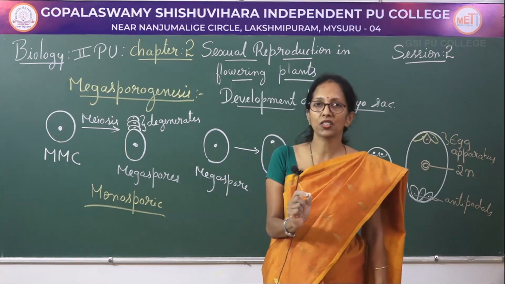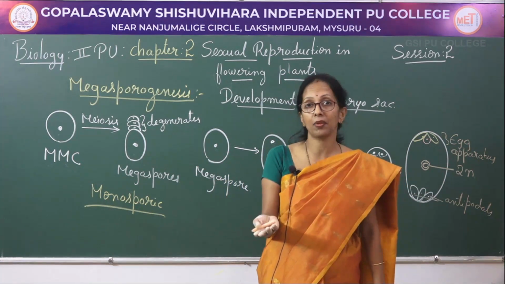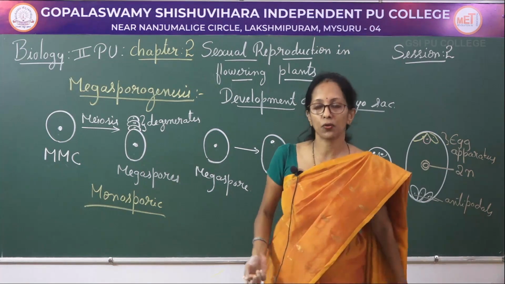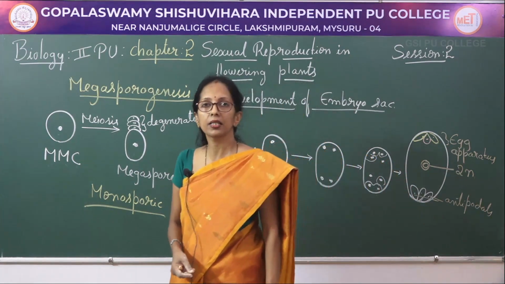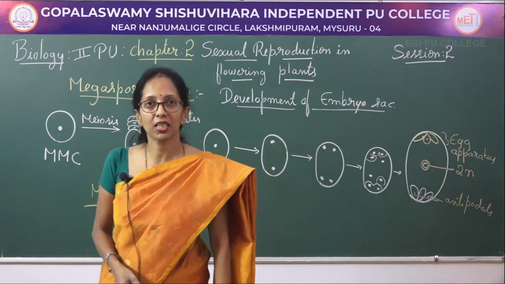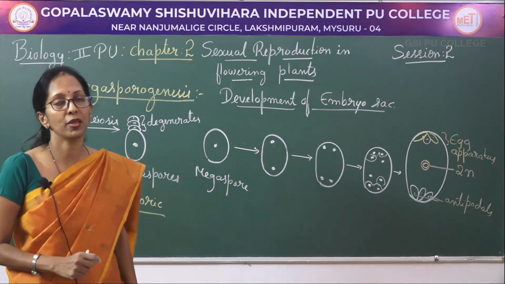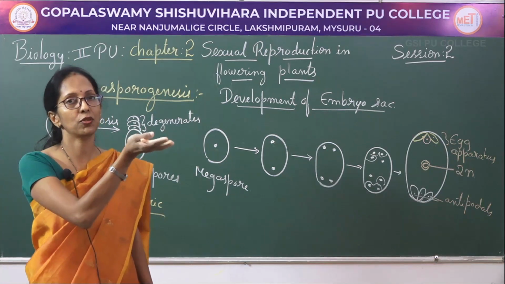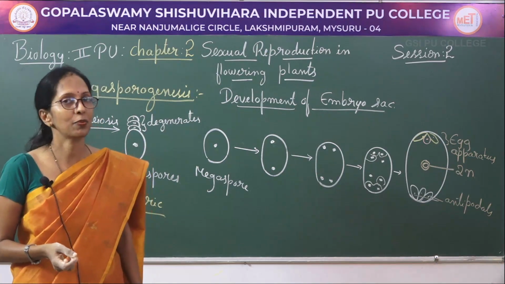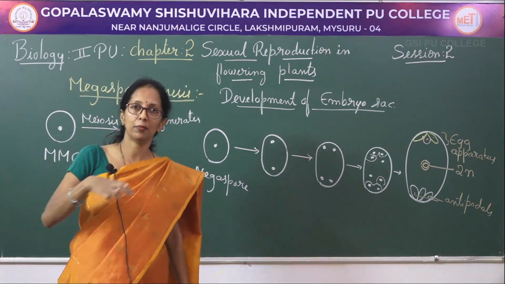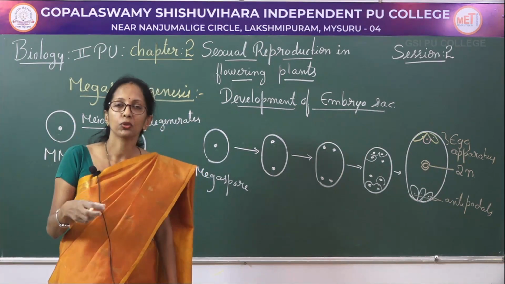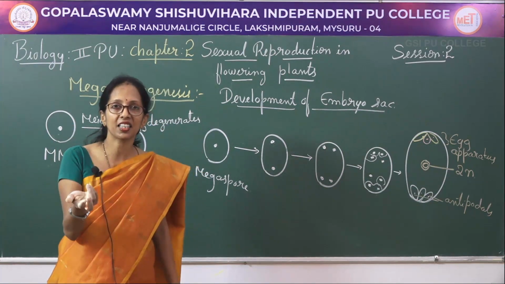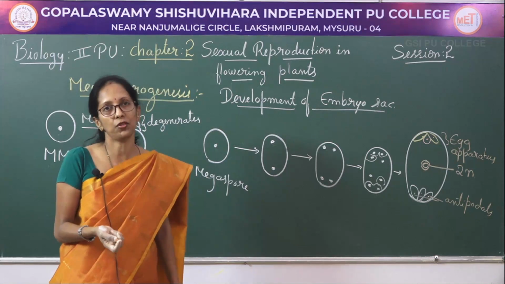If the gynoecium is made up of many carpels and all the carpels are fused, then it is said to be syncarpous. If the carpels are free, then it is said to be apocarpous. When we take the transverse section of the ovary, we can see a number of chambers or locules. Those locules indicate the number of carpels which are fused.